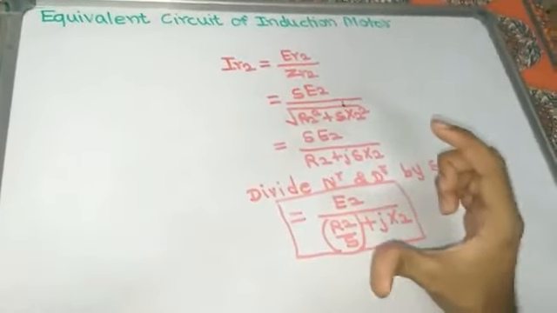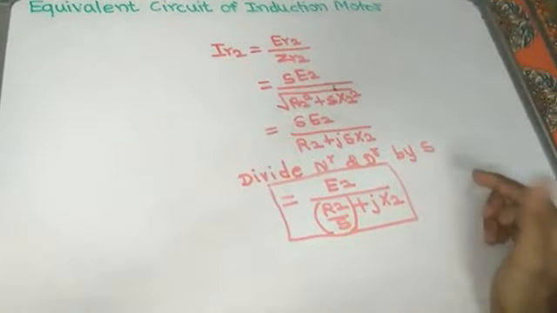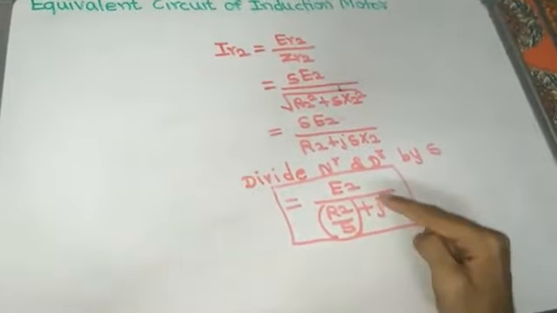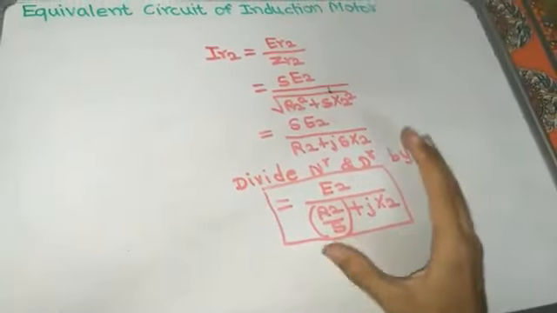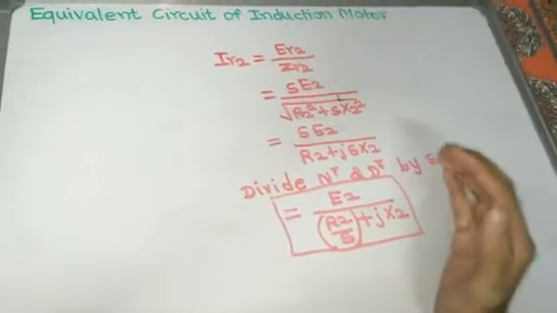But by making some arrangement, by dividing numerator and denominator by S, we can say that E2 and X2 now do not depend on slip, only for drawing this equivalent circuit.